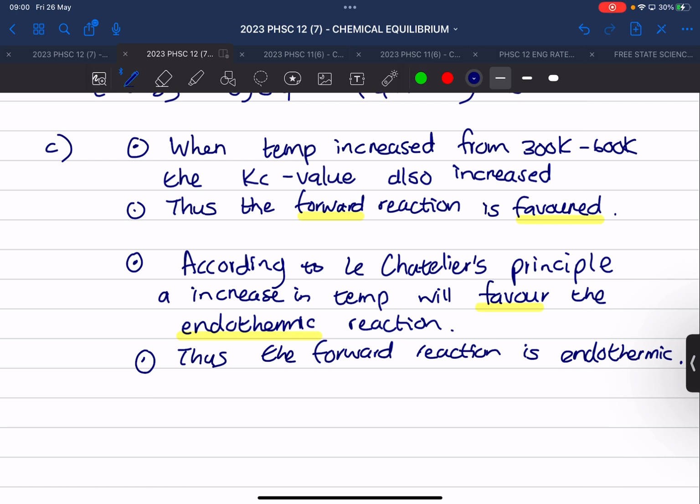Read your sentence again. You said an increase in temperature will favor the forward reaction. Okay, and then? Thus the forward is endothermic. So what you are basically saying is, grade 12s are lazy.